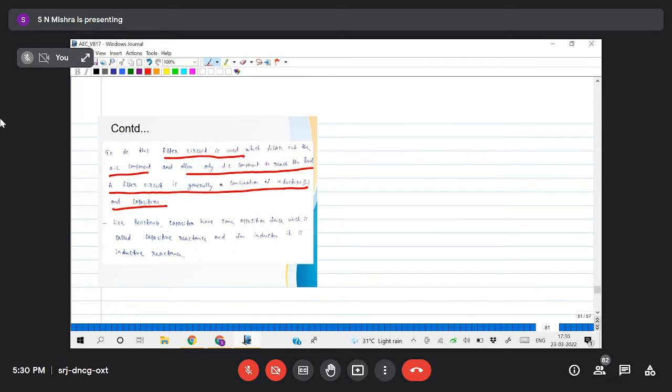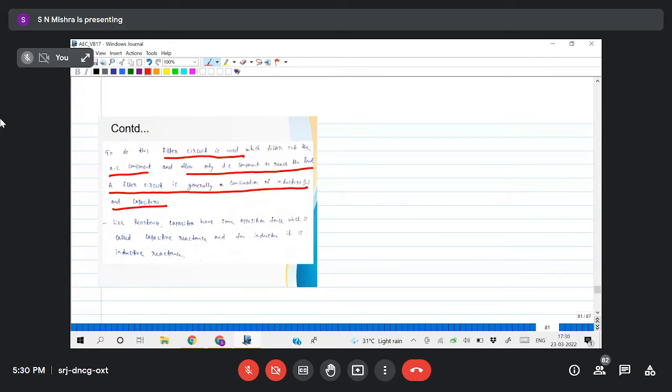It's not something new, you already know the inductor and capacitor properties. We'll use that property to describe this filtering action. Okay, so like resistor having resistance R, do capacitor or inductor have some resistance or not?